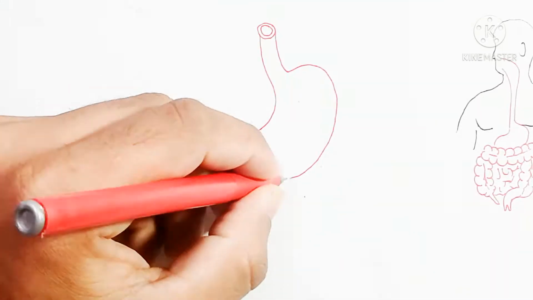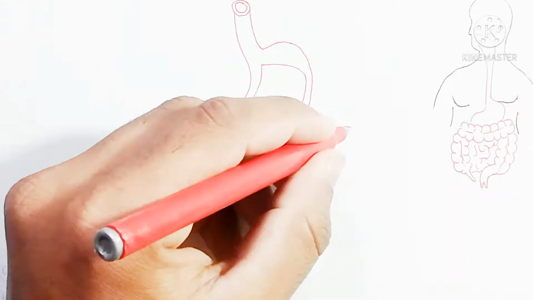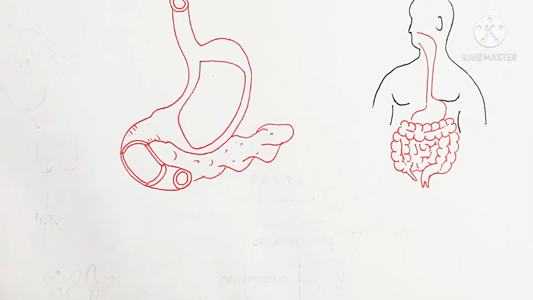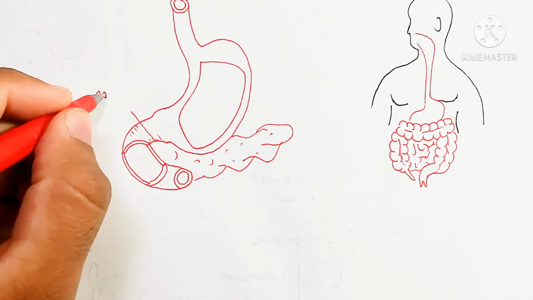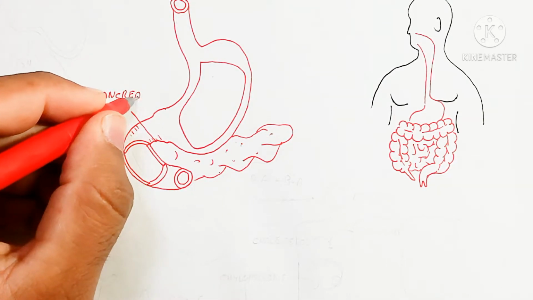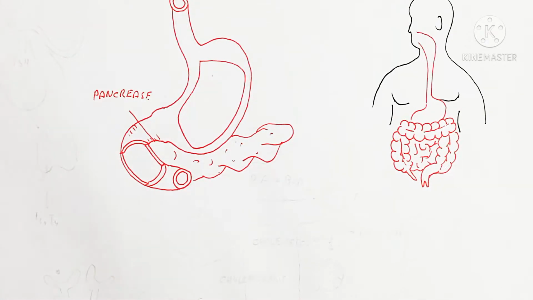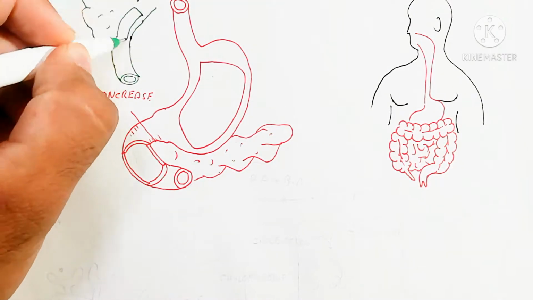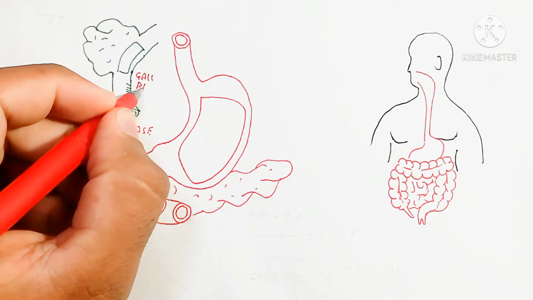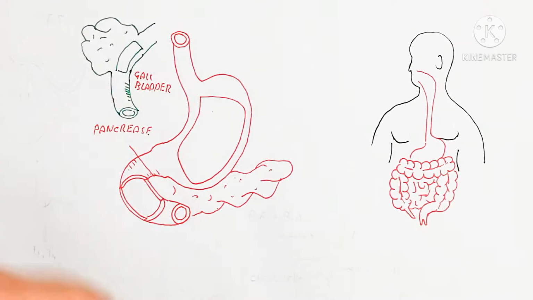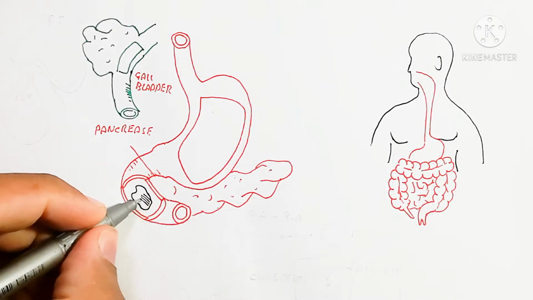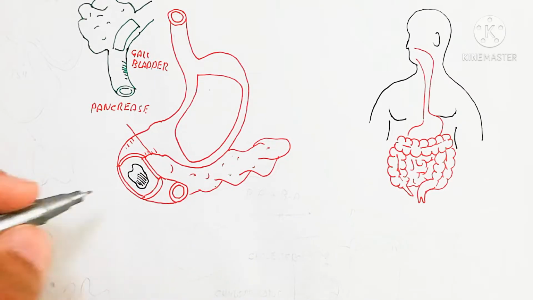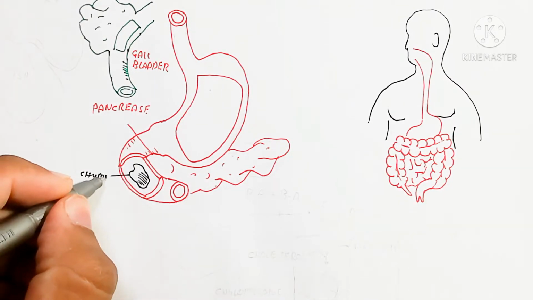So let's begin the understanding, focusing on cholesterol to get the concept. Here is the digestive system of the human being. When we eat fat, it goes into the stomach, where it is known as the bolus, and after going into the duodenum it is known as chyme.